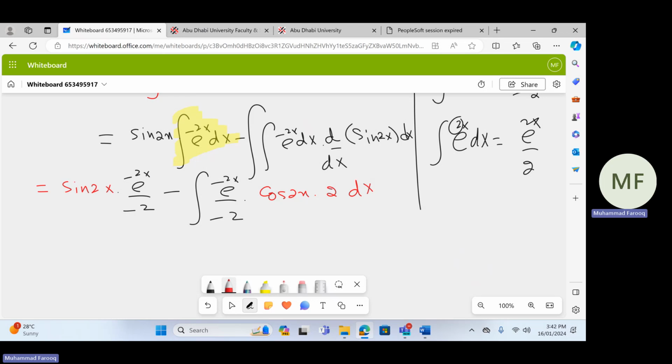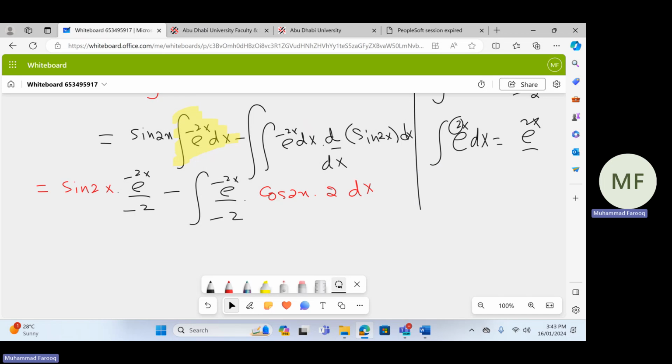Isn't the integration of e to the power negative 2x the same as when it was e to the power of x? E power x dx is e power x divided by 1, because there is a 1. Now, if it is negative 2, use the shortcut. Save time, use the shortcut in the exam.